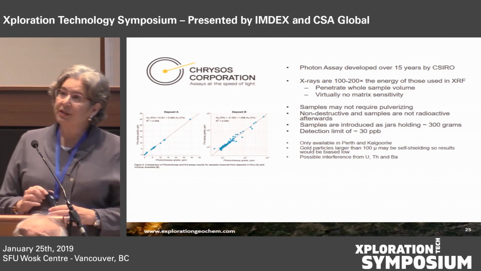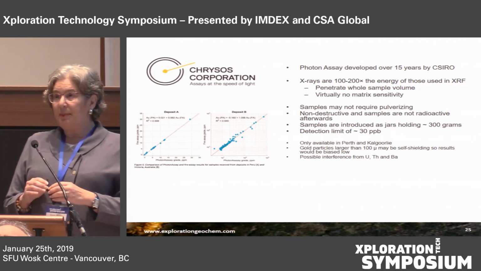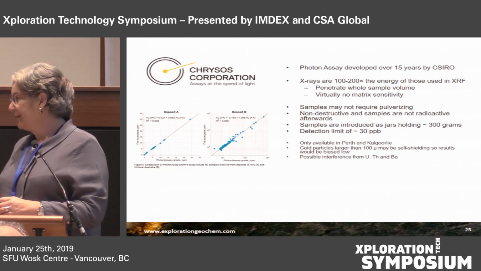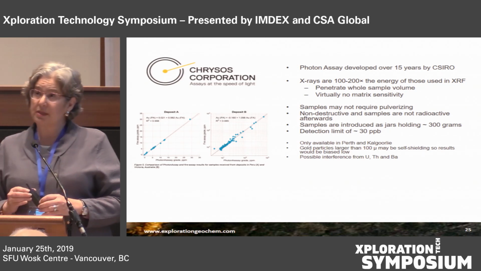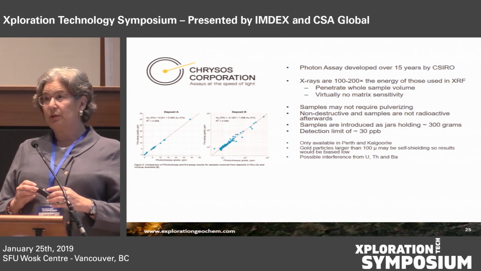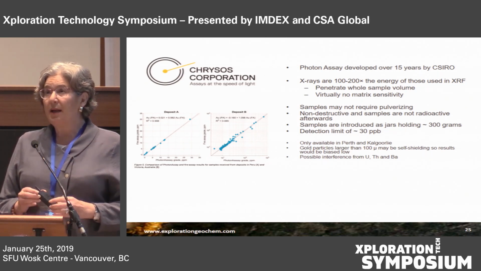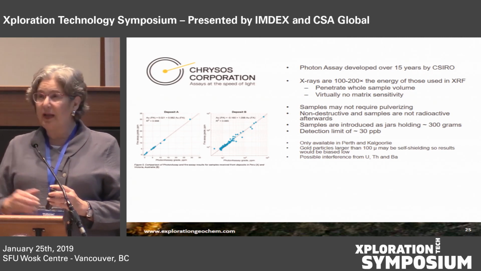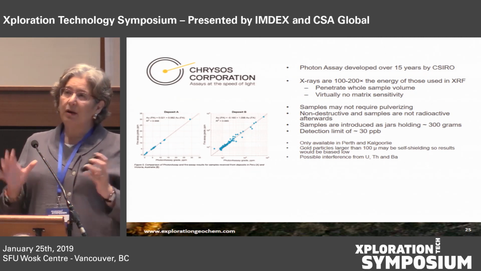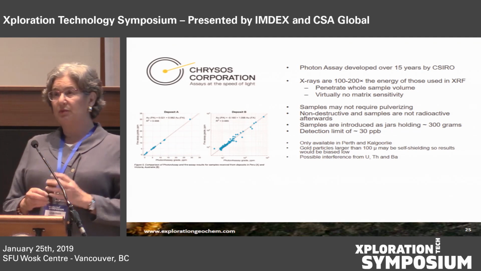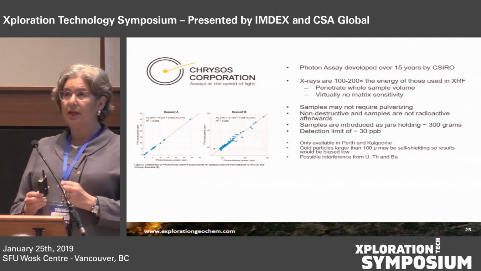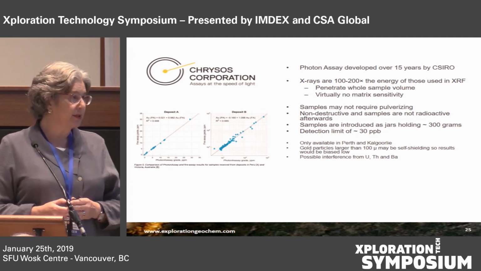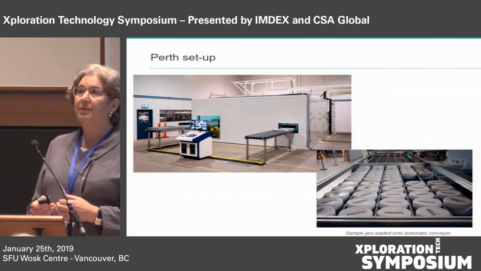Now, there are some tests that still need to be done because gold can be self-shielding. And there's some concern that gold particles greater than 100 microns might lead to lower values. And there are some interferences when you have hundreds of ppm of uranium, thorium, and barium, and there certainly are some geological contexts where that could happen.